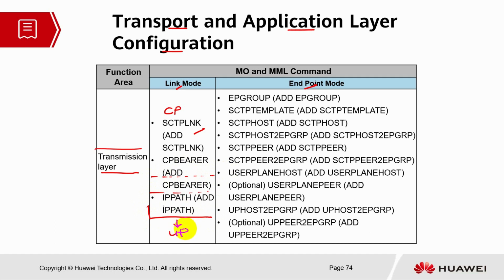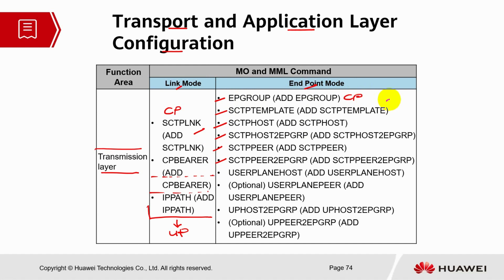This is a link mode whereby the signal and service will be going through the same pipe, and usually they will go through the same link. Otherwise, on the endpoint mode, we have a separate concept. So basically, endpoint group, SCTP template, SCTP host, and the binding to the endpoint group, peers and SCTP endpoint group, all of them belong to the control plane.